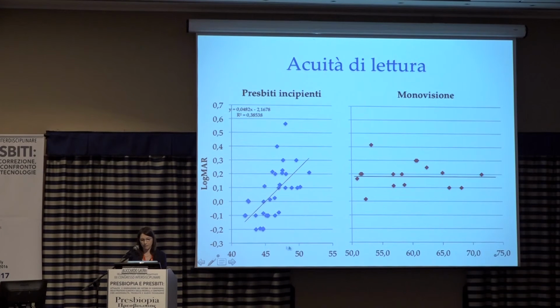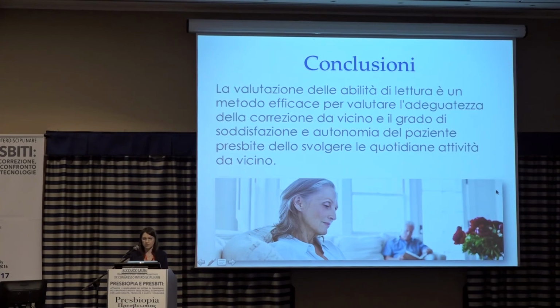So the dissatisfaction level has the same trend as reading acuity. In fact, in uncorrected people, there's a close correlation between aging and reading difficulty. At some point, a person decides to start using near glasses or contact lenses. When correction is adequate, with the passing of time, with the person's aging, reading performance remains stable.